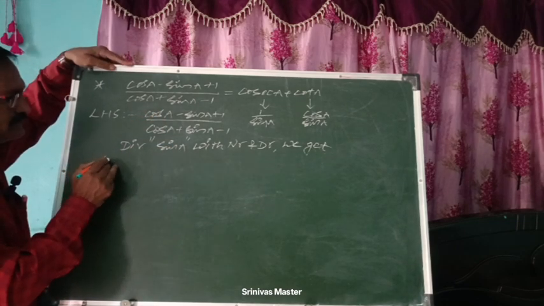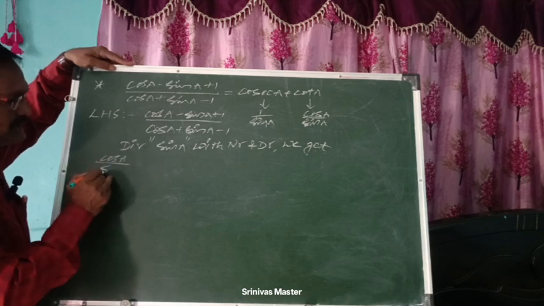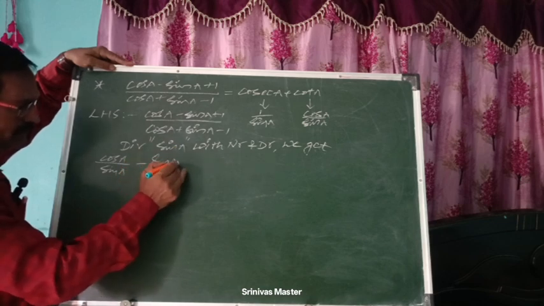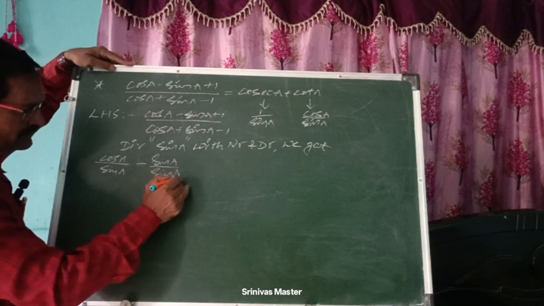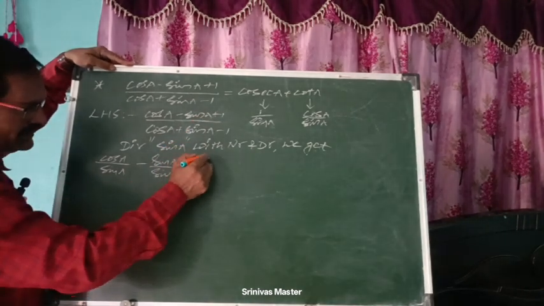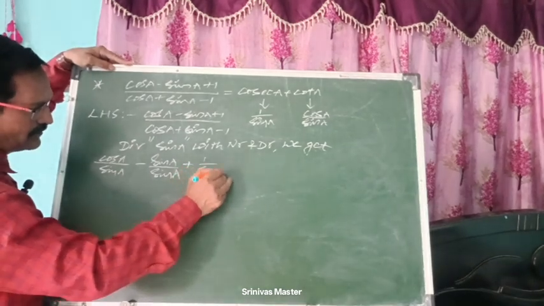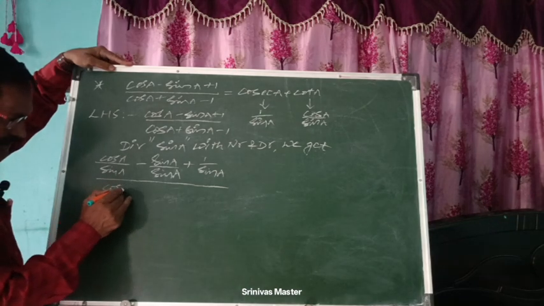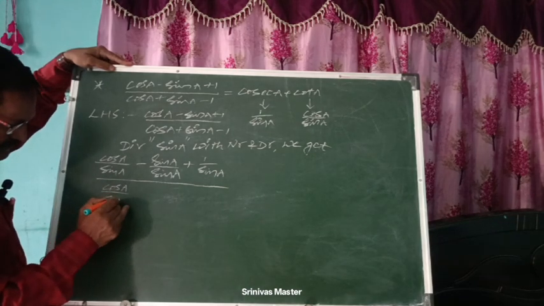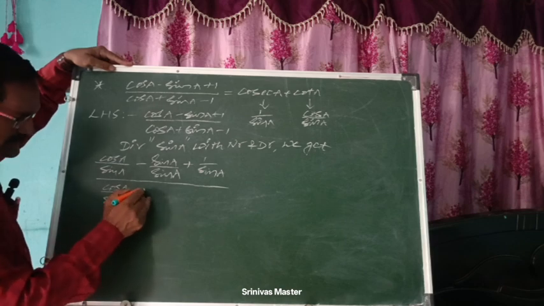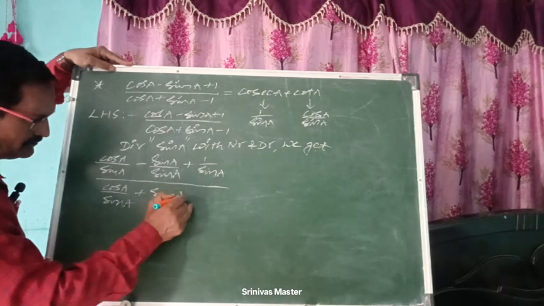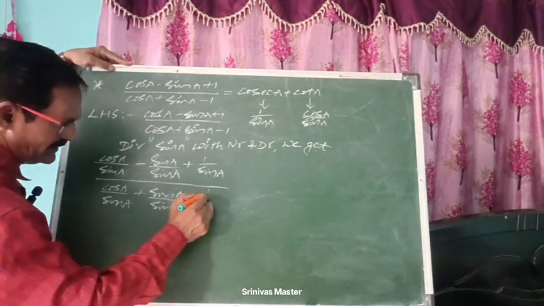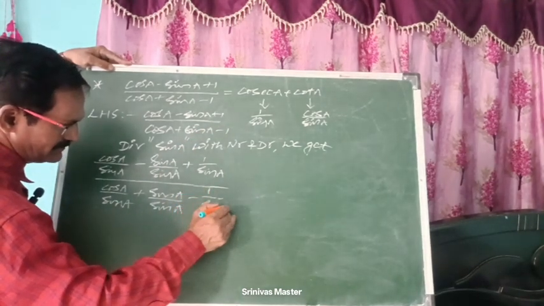That means: numerator, cos a by sin a minus sin a by sin a plus 1 by sin a; denominator, the same thing: cos a by sin a plus sin a by sin a minus 1 by sin a.